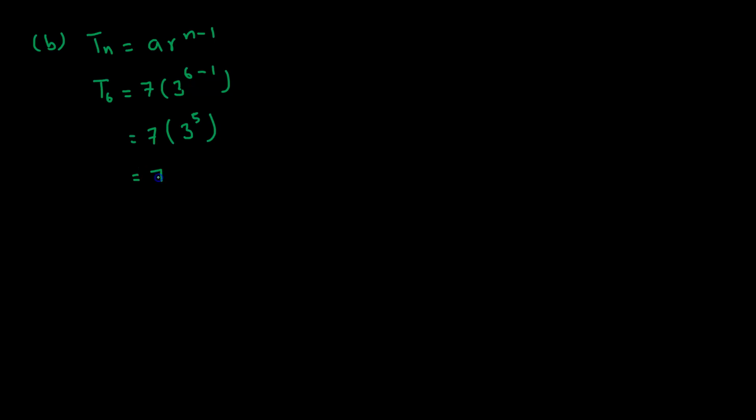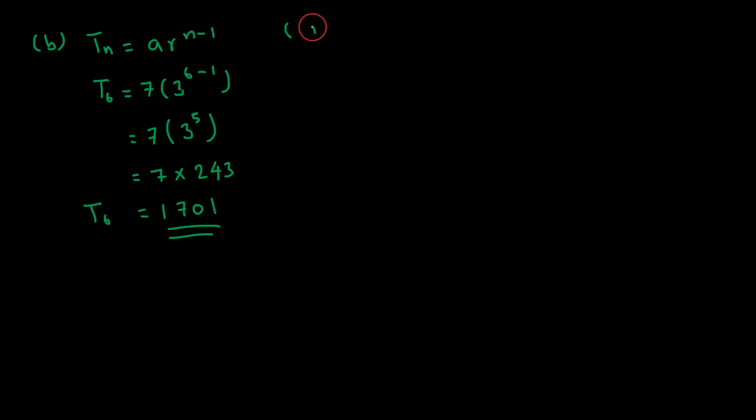It is 243. So you have 7 multiplied by 243, which will give us 1701. So this is our sixth term. We are done with that.